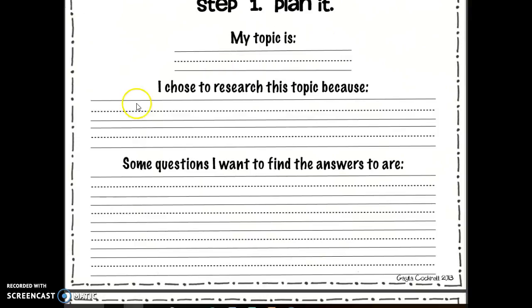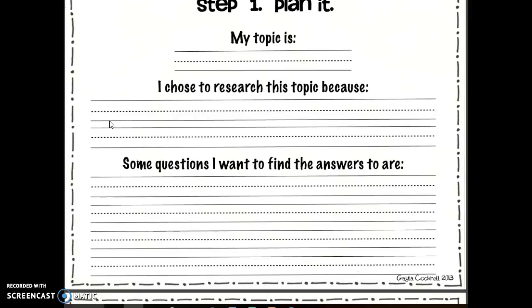The next line says, I chose to research this topic because, well, at my house, I've never had a golden doodle. So I chose to research this topic because I really want to know more about them. Maybe you have a similar thought, or maybe there's another reason. But you're going to write your idea of why you chose to do this topic right here on these two lines. Make sure you have a lovely sentence and not just one word, because it makes it really hard later on.